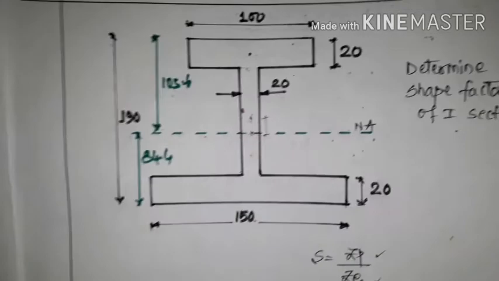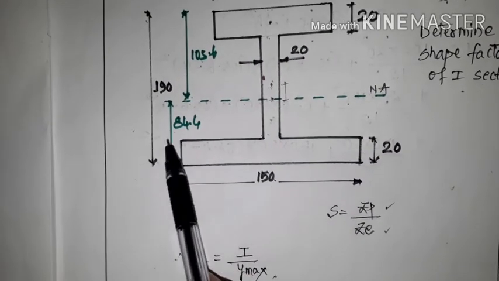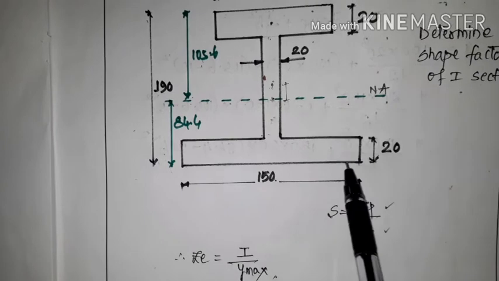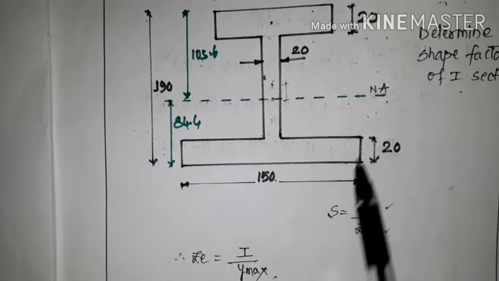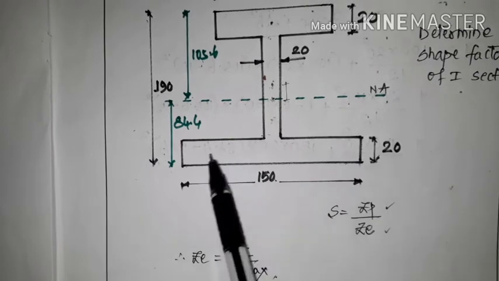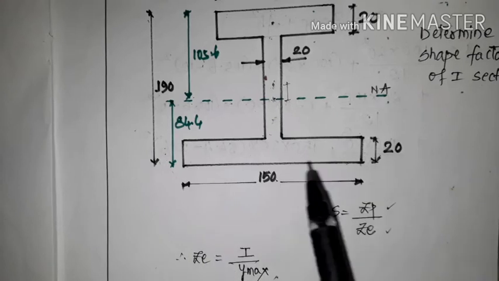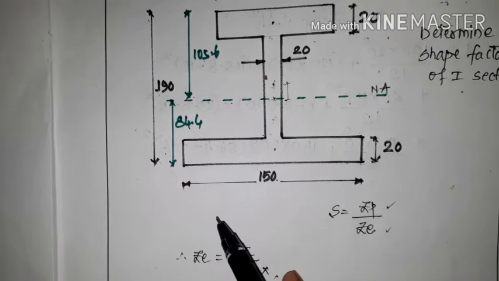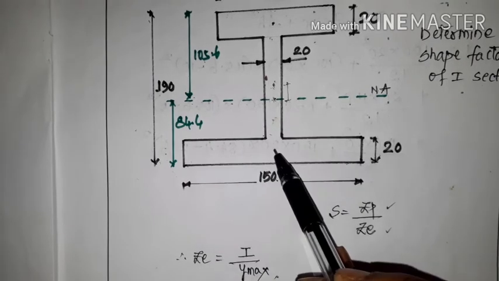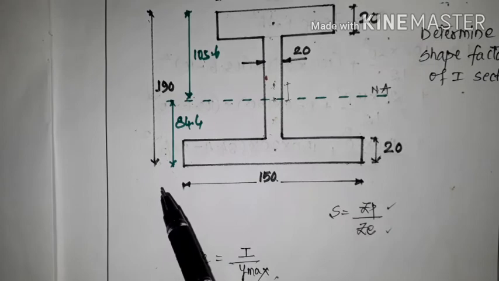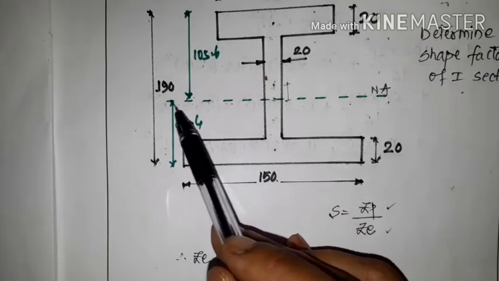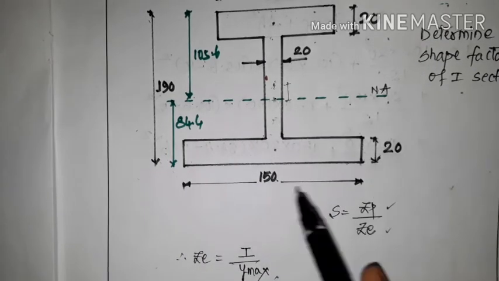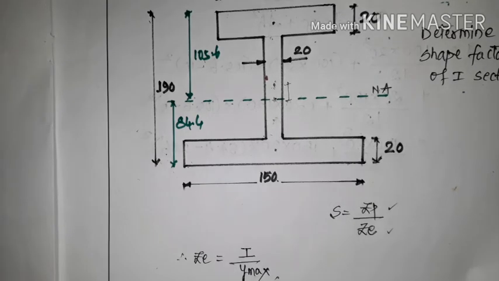For the bottom flange, b is 150 and depth is 20, so bd cubed by 12 with area 150 into 20. h is the distance from the center of the bottom flange to the main centroid, that will be 84.4 minus 10. So we have used that.